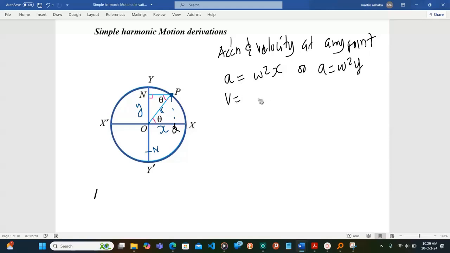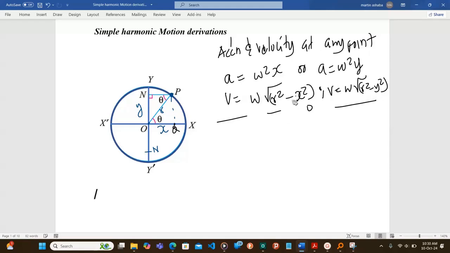And velocity will be omega times the square root of r squared minus x squared, or you can have v equal to omega times the square root of r squared minus y squared. So let's begin and see how to come to this.